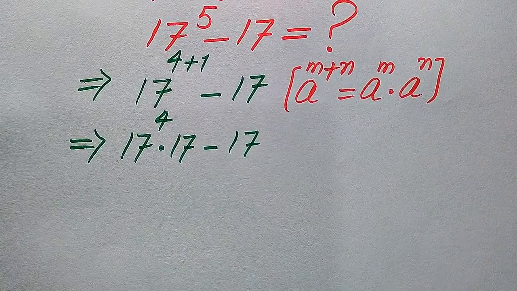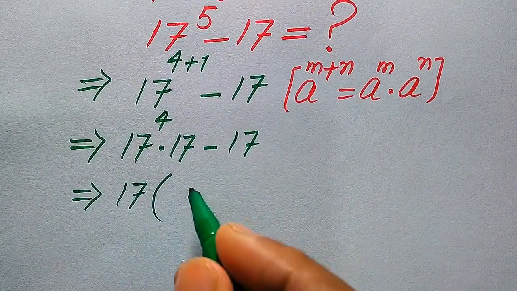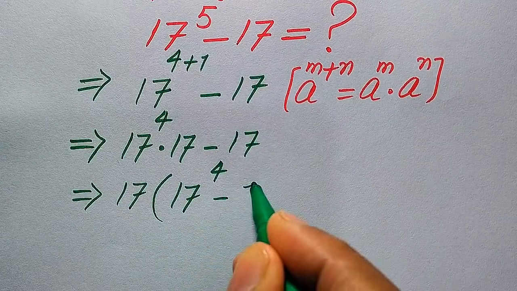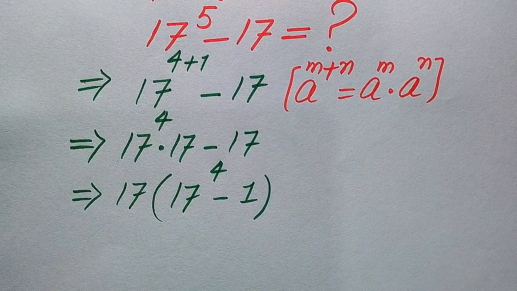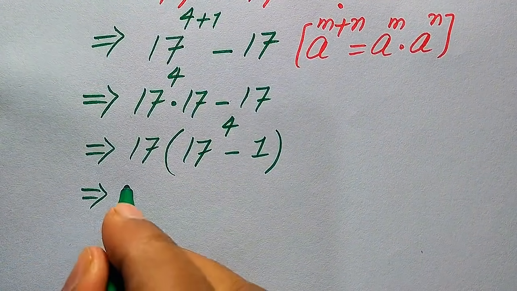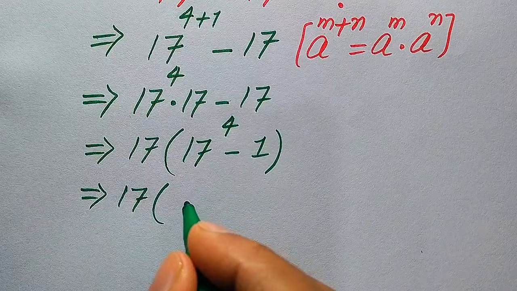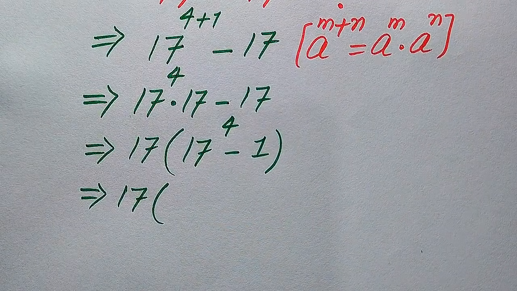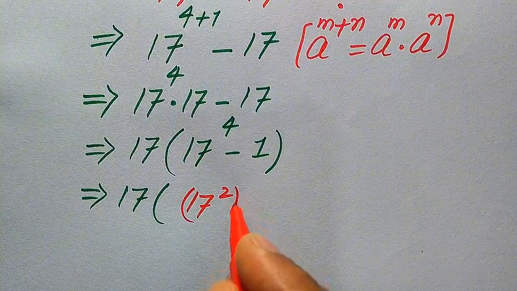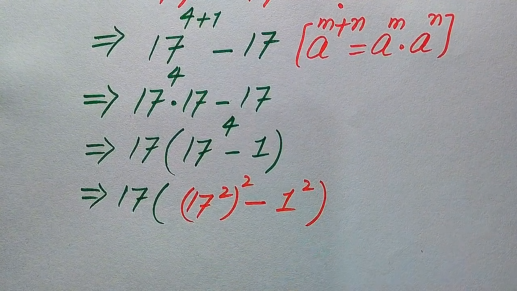And now further in the next step, you see here both of these two terms involve 17. So when we take 17 common, the remaining values are 17 to the power of 4 minus 1. Further in the next step we rewrite this expression as 17 times, and we write 17 to the power of 4 as 17 square, and its whole square, minus we write this one as 1 square.